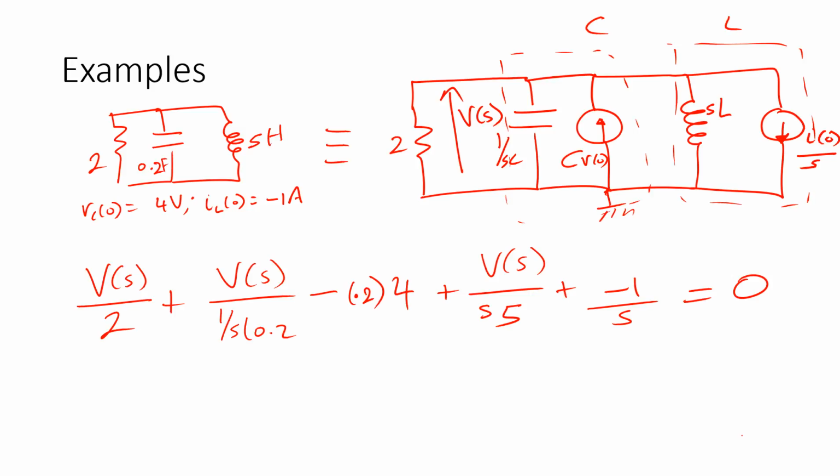Good. So what I need to do now, I have everything substituted. I'm just going to collect the terms in Vs and form an equation for Vs. So you could go ahead and do that and work through it, and you should get something looking like this.